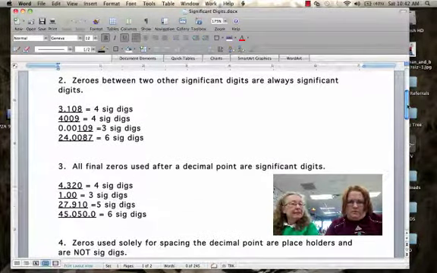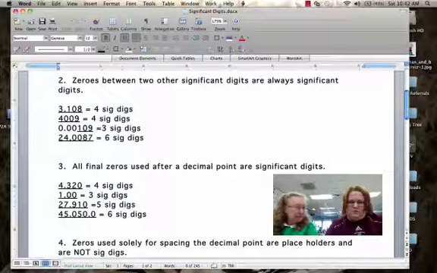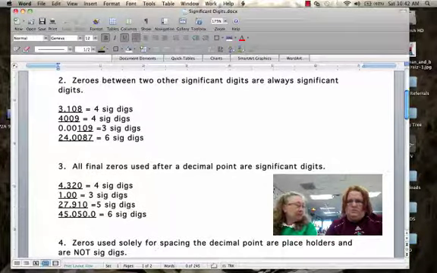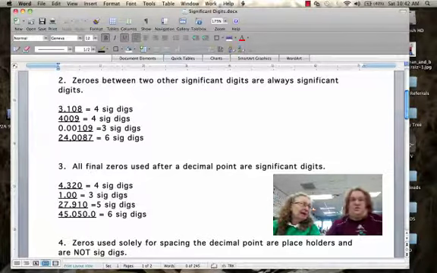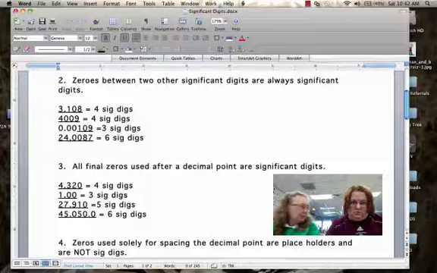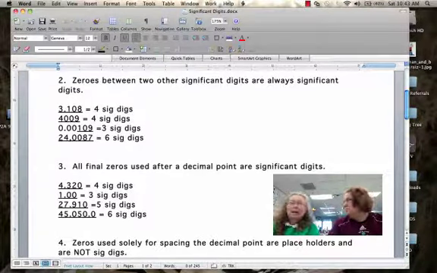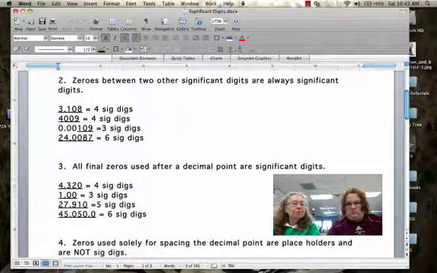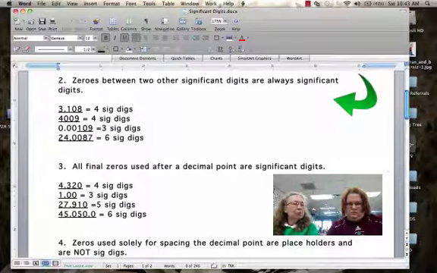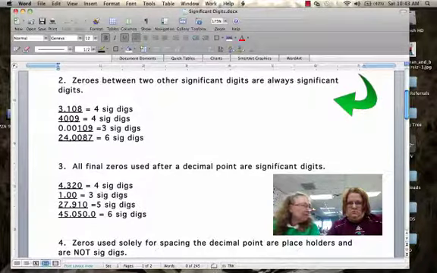The next rules have to do with zeros, and basically zeros are the problem. That's what students have trouble with. The first couple rules are pretty simple. If you have a 0 between 2 non-zero digits, those zeros are significant.